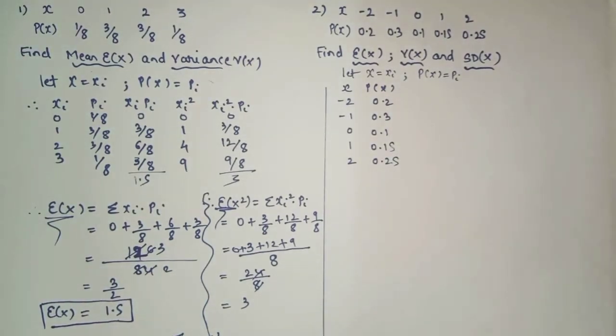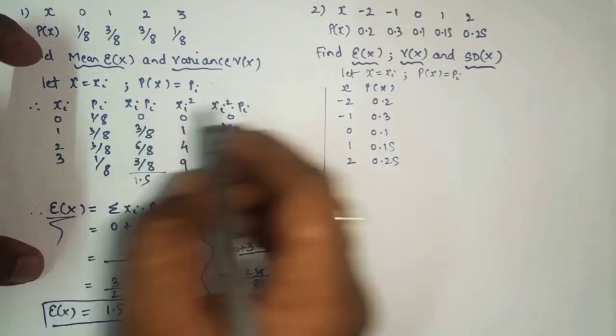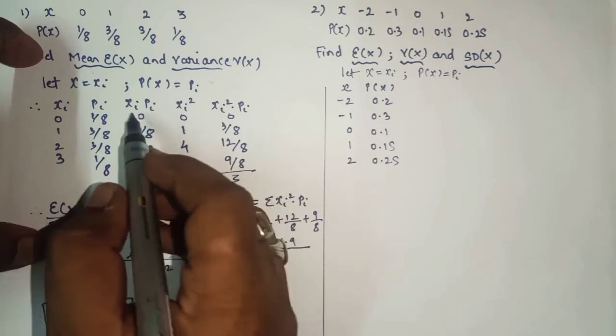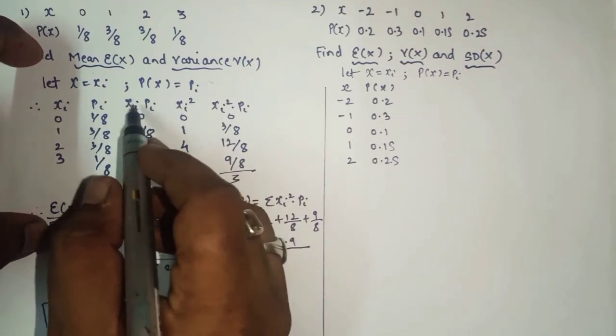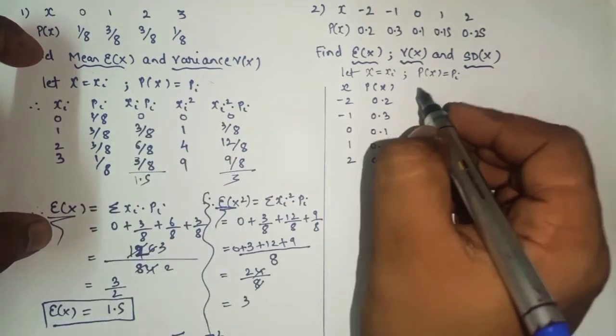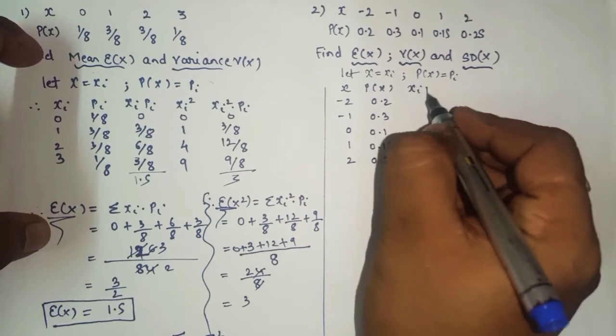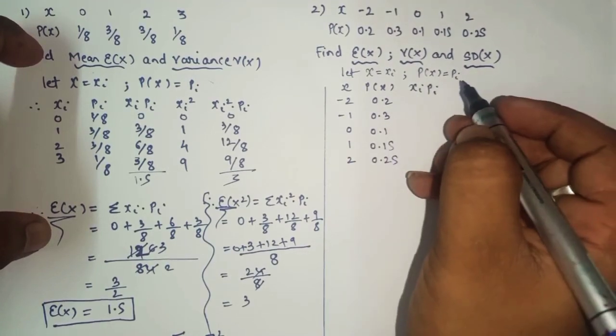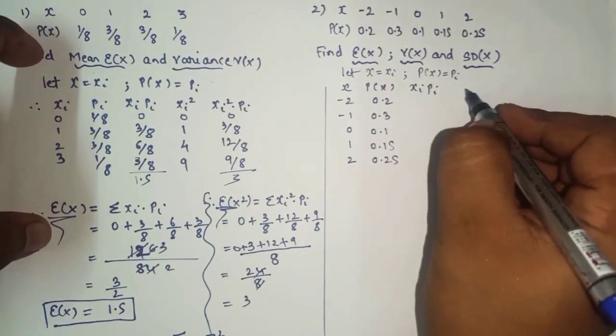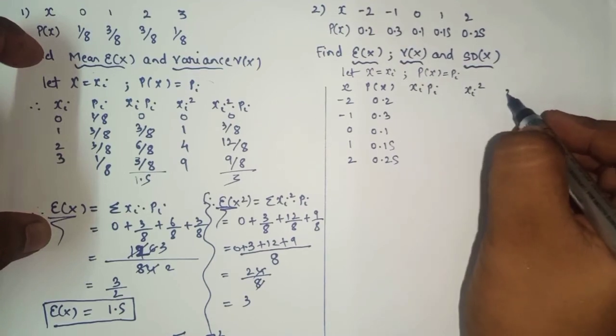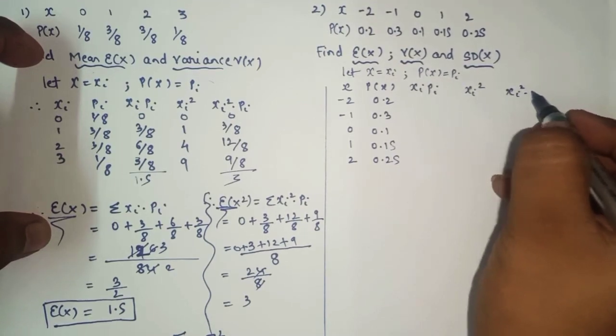Okay, then after that we have to increase the columns as per the rule. Third column is what? xi pi. After that it is xi square, and in the last column xi square into pi will come.